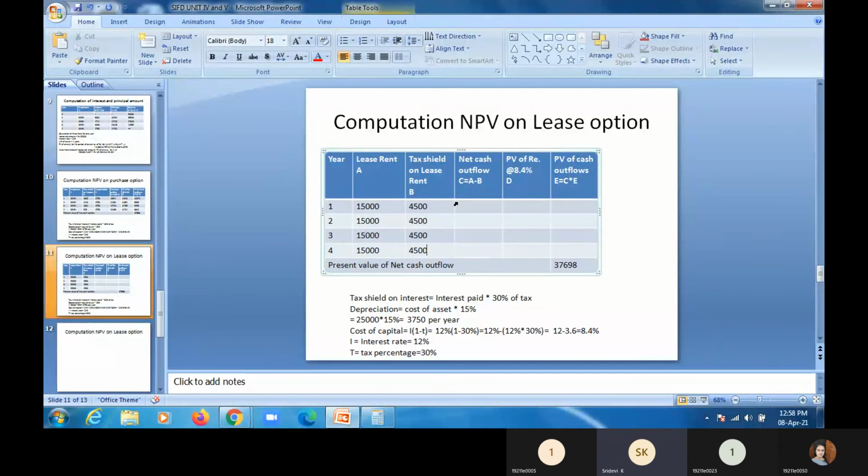So now you deduct this 4,500 from this 15,000. The remaining amount will be 10,500. So every year same amount, no? So same amount you will be getting as the cash outflow.